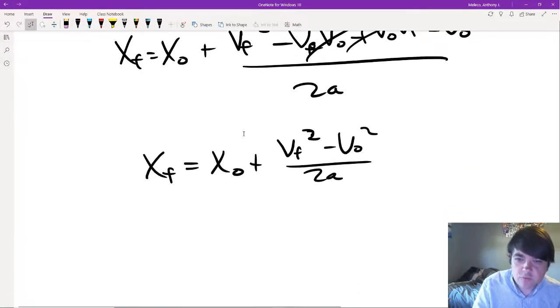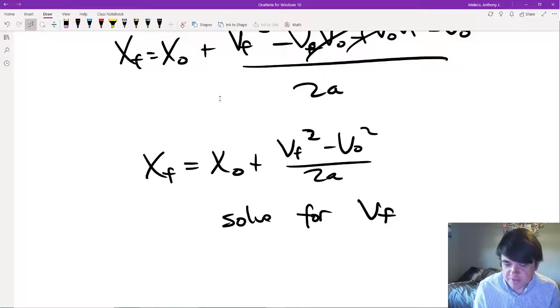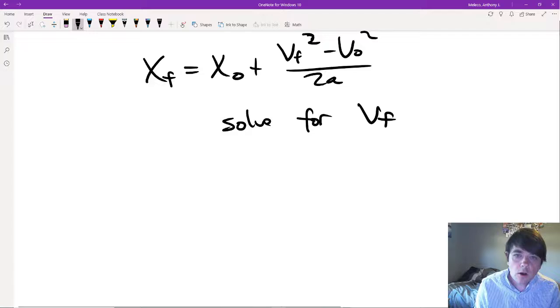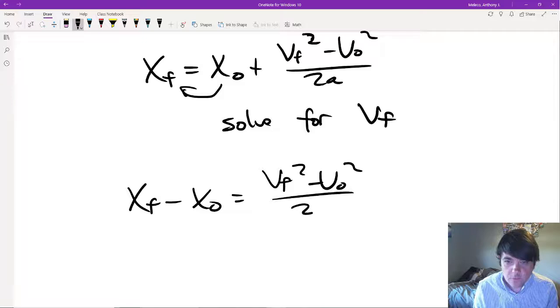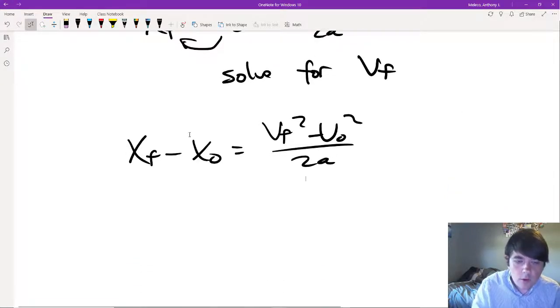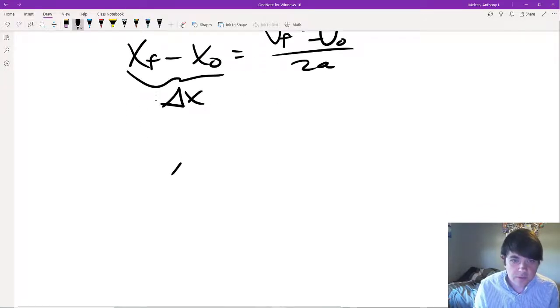And what we're just going to do is rearrange and solve for V final. Because we already have an expression with X final, we want one for V final. So we're going to move over this guy first. So X final minus X initial equals V final squared minus V initial squared over 2A. We can condense this into delta X if we want, just to make it a little bit shorter.